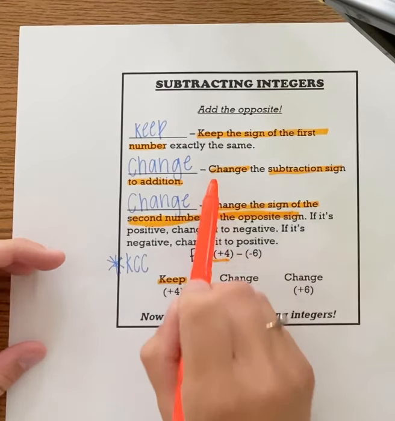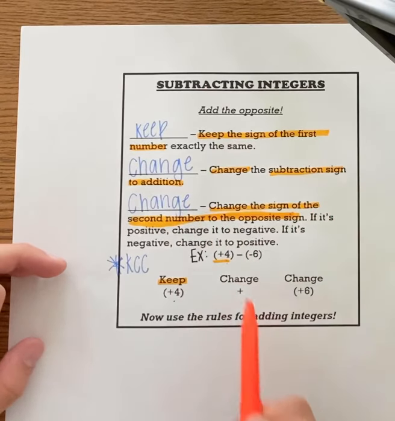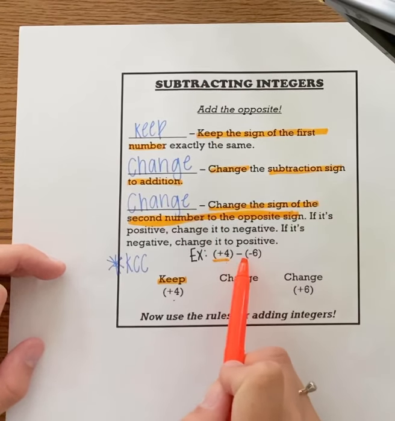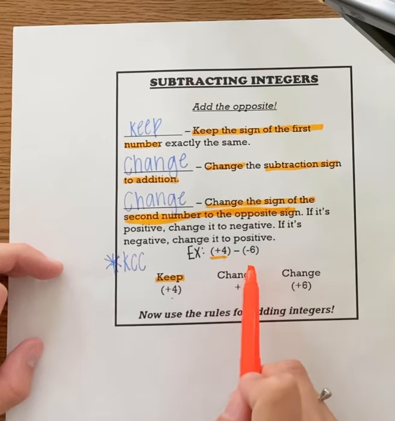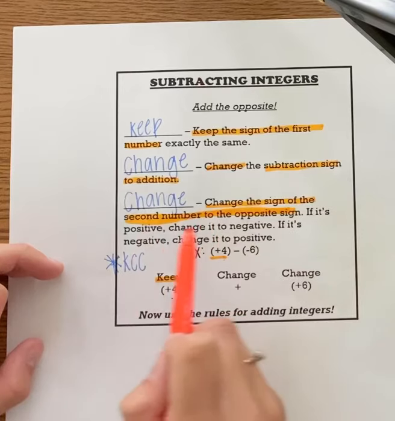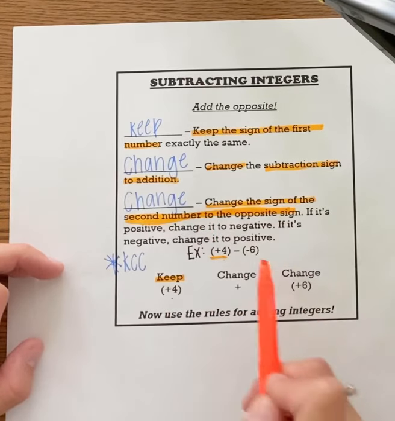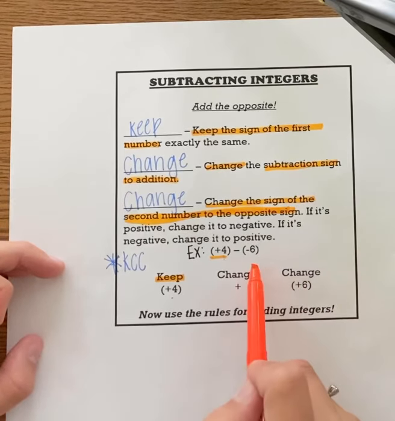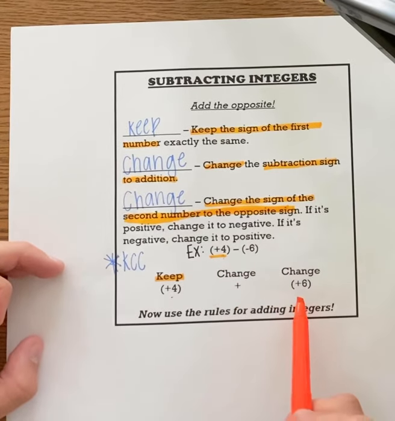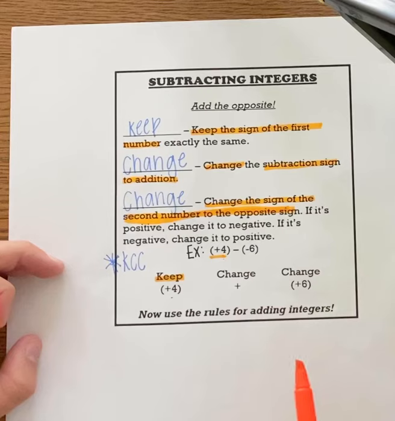Next, change the subtraction sign to addition. So this is no longer a subtraction sign. We're changing it to addition. And we change that negative 6. So change the sign of the second number to the opposite sign. Our second number, our second subtrahend, is a negative 6. So all we do is change it to a positive 6.